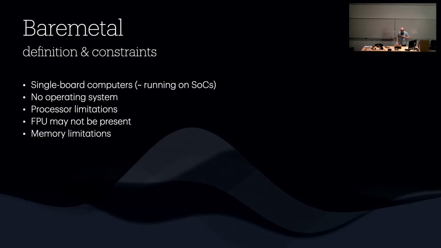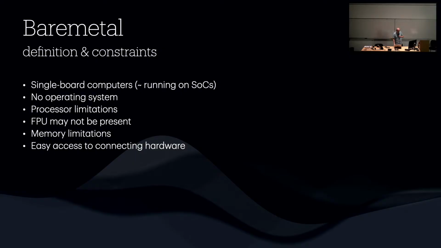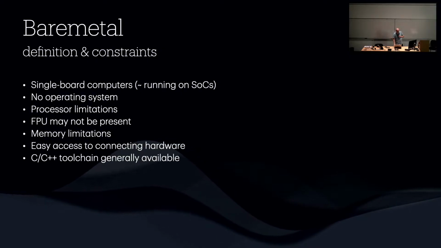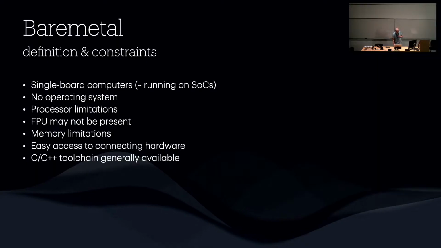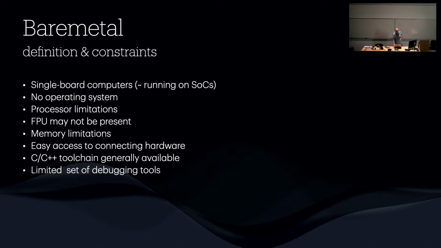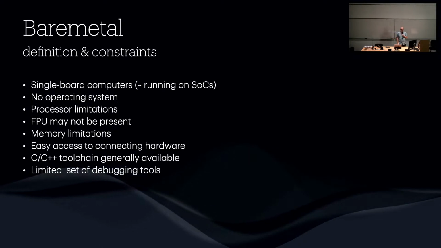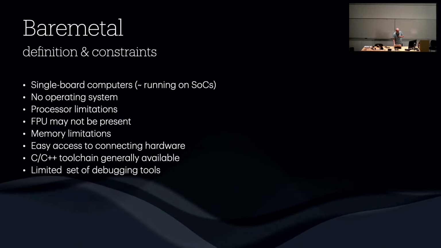There are memory limitations, easy access to connecting hardware, and a C and C++ toolchain generally available, which is what we need, really. And everything else we can work around. Limited set of debugging tools, so we might be playing in the dark when we're developing, but we find ways around it.